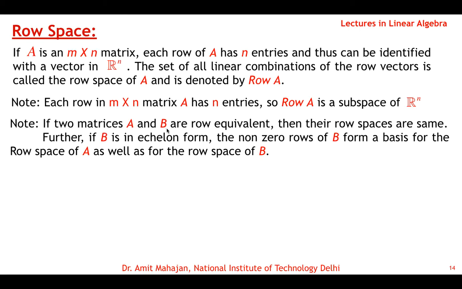If two matrices A and B are row equivalent, remember that one is obtained from the other by applying row operations, then their row spaces are the same. Their row spaces do not change.